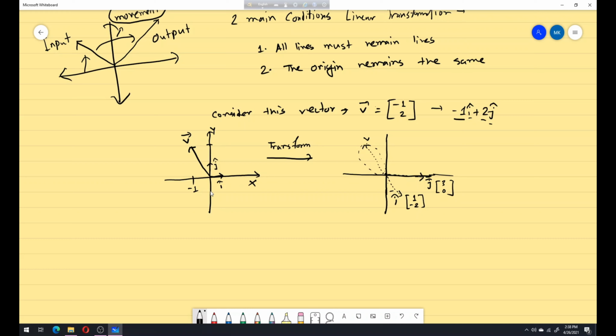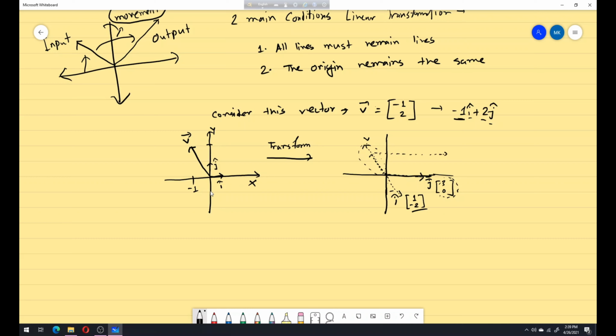So if we go for negative 1 into this particular transformed I cap, then we will get a vector like this, and for this the twice of the transformed 3 0. So we will have a picture like this.